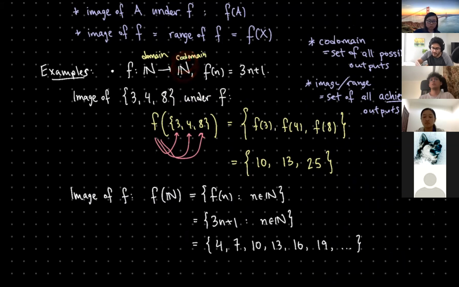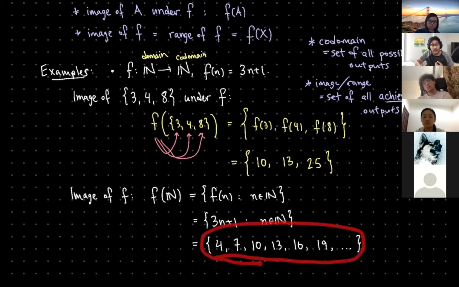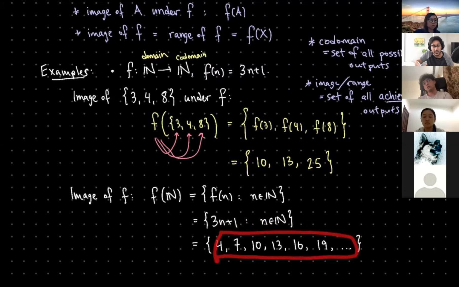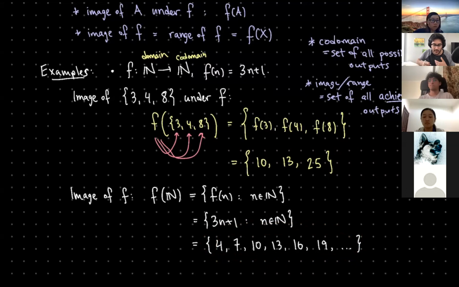For example, I can't reach 5. I can only reach 4, 7, 10, 13, 16, and so on. So the only numbers that the function can actually output, those are the range.